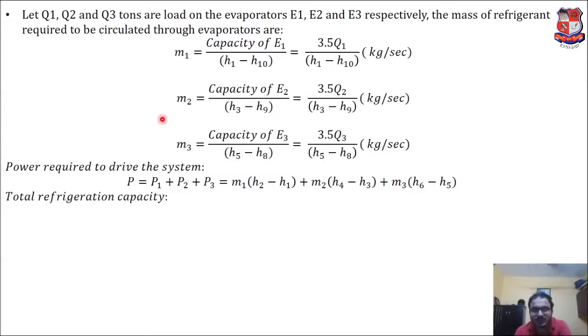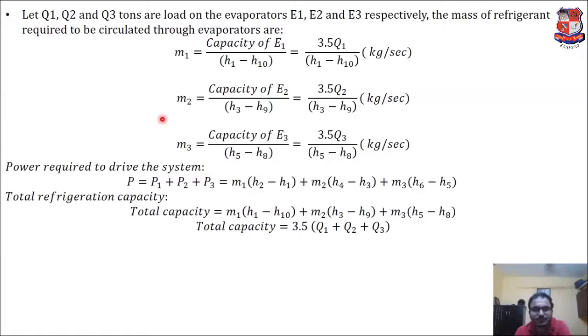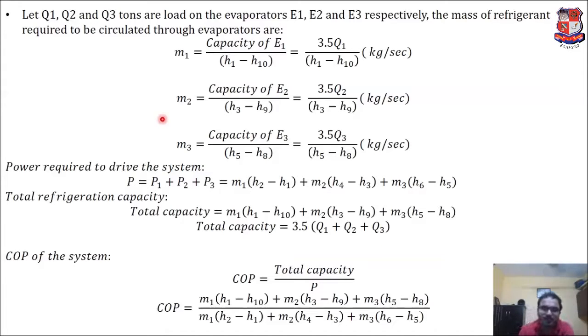The total refrigeration capacity is given by this formula, as we have 3 evaporators, so there will be 3 refrigeration capacities. And finally the COP of the system is total capacity divided by power, and it is given by this formula.